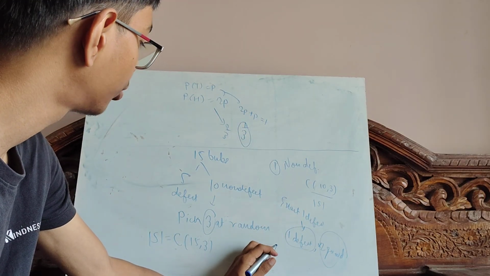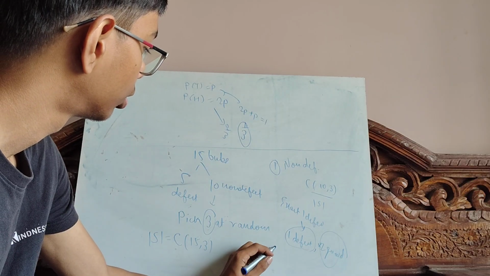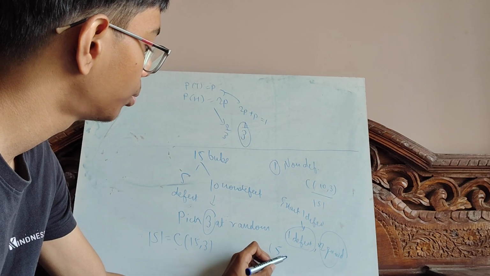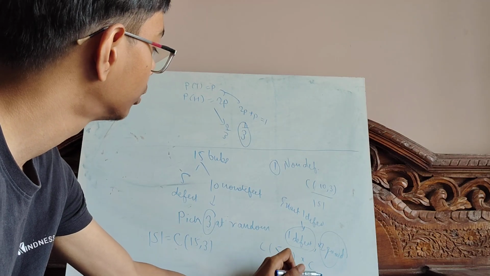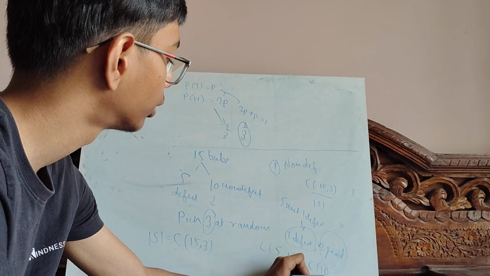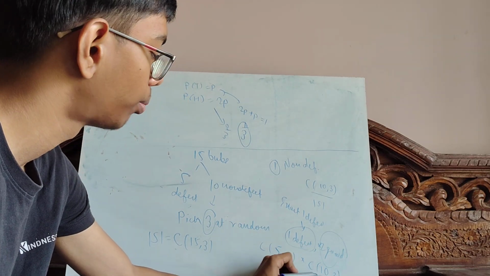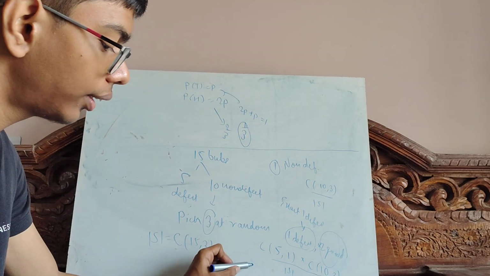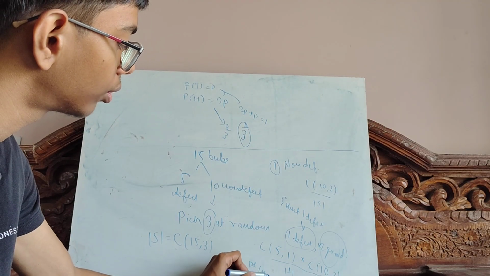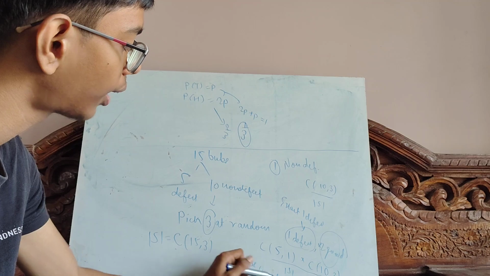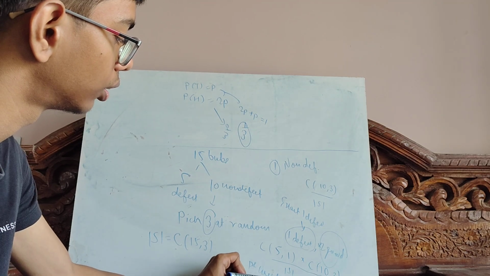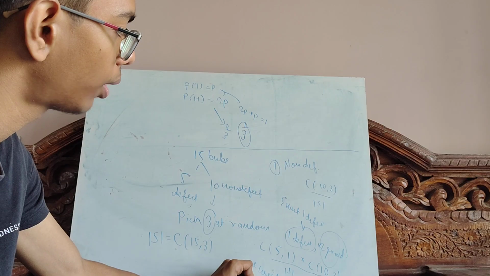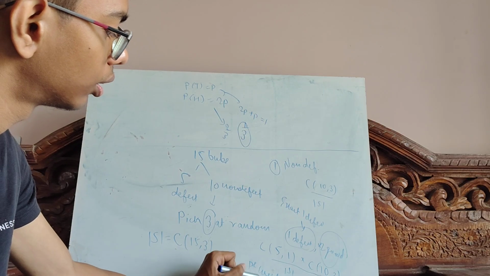So 1 defective means C 5, 1 into C 10, 2, right, by sample space. And at least 1 defective: for that I will simply remove the non-defective case, right? 1 minus C 10, 3 by sample space.